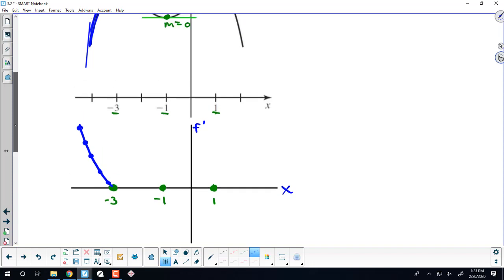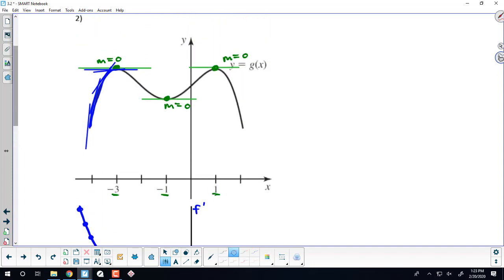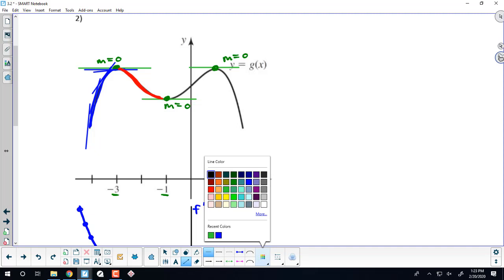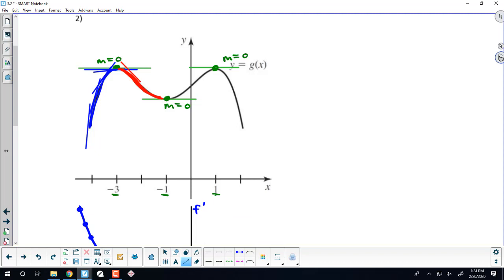We know to the right of that point, this segment, what's happening? Just put your pencil down. What is that slope right there? Positive or negative?